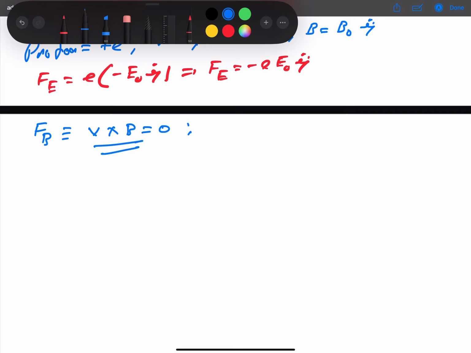So therefore total force, the magnetic force, will be equal to 0. So the total force will be equal to minus E naught Y unit vector.